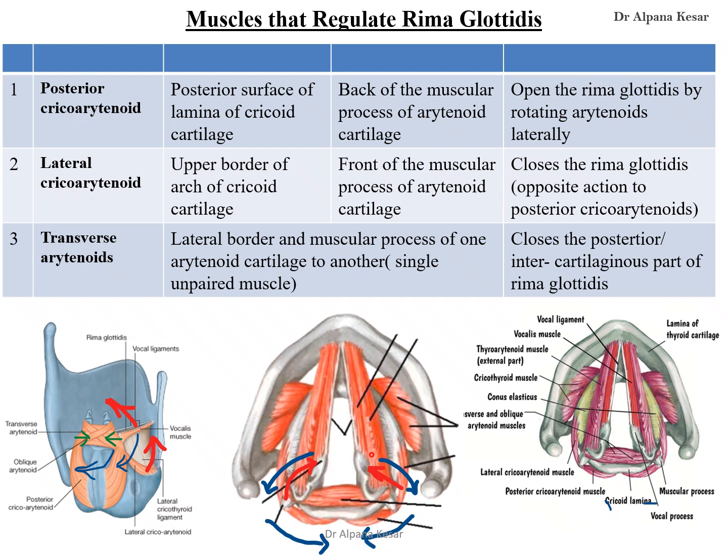When the vocal process moves laterally, the vocal cords are also abducted, that is, they too move laterally. This helps in opening of the Rima Glottidis.